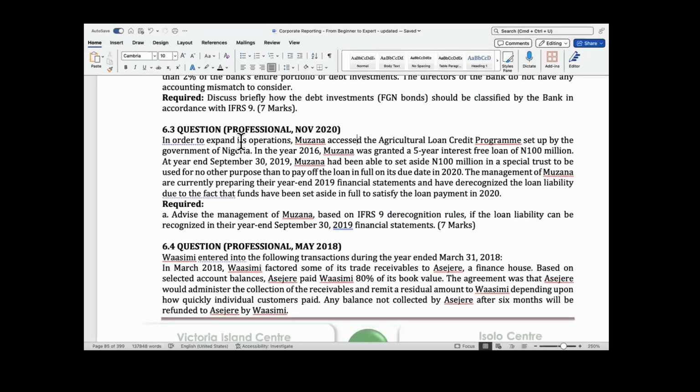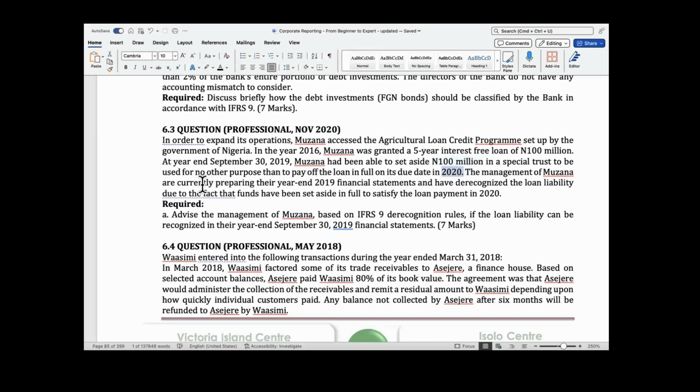It says, in order to expand its operation, Muzana accessed the agricultural loan credit program set up by the government of Nigeria. In the year 2016, Muzana was granted a 5-year interest-free loan of 100 million. At the end of September 2019, Muzana has been able to set aside 100 million in a special trust to be used for no other purpose than to pay off the loan in full on its due date in 2020.